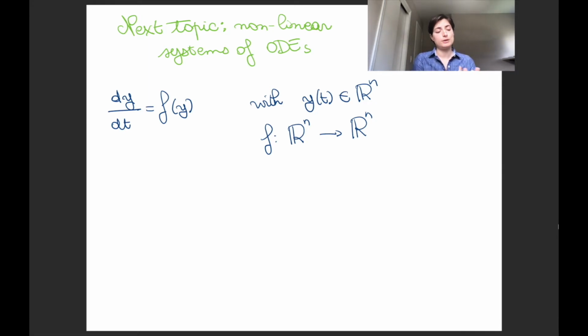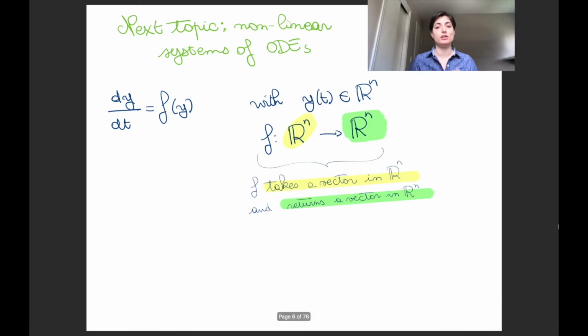So if we have dy/dt equals f of y, it means that f takes as input y, a vector in R^n, and returns something that has the shape of y prime, so again, a vector in R^n. So we write it this way, f going from R^n to R^n. It takes a vector in R^n and returns a vector in R^n.